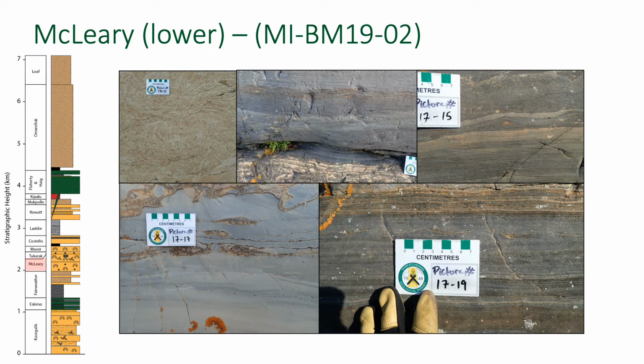So the lower McCleary itself is characterized by these repeating cycles of beach rock and/or stone rosette horizons that I mentioned. And these have been interpreted to represent upward shoaling cycles. And then the dominant lithologies are actually, to be honest, rather boring. It's dolomicrite and silty dolomicrite, just a sea of that.